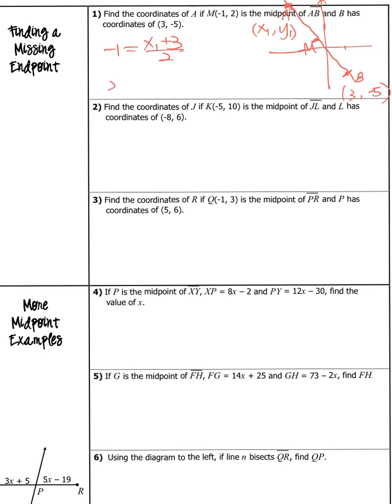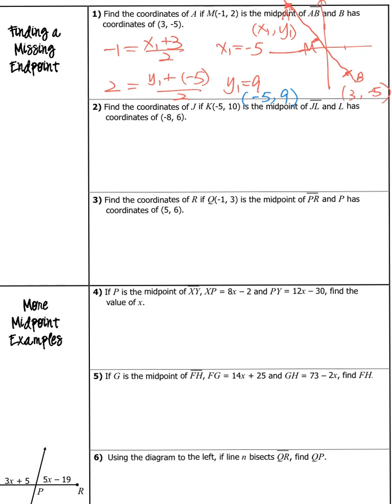And then for the y coordinate, I should have 2 equals y1 plus -5 divided by 2, right? So if you do your algebra, multiply by 2 on both sides, you should come up with x1 comes out to be -5, y1 should come out to be 9. So your final answer in here should be -5 and 9. Make sure that you get your x and y correct.